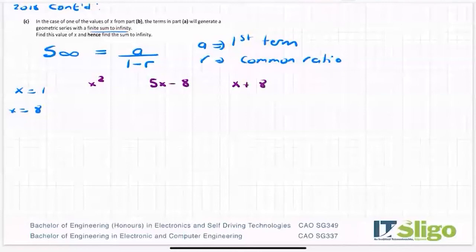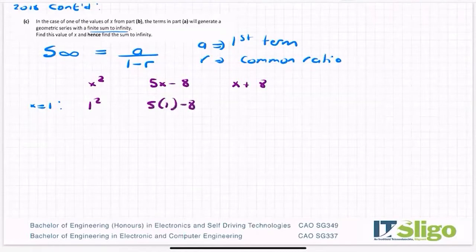Now we know that x is equal to 1 and x is equal to 8. Let's see what we get for these. So 1 squared, 5 times 1 minus 8, 1 plus 8. So I am getting 1, comma, minus 3, comma, 9.